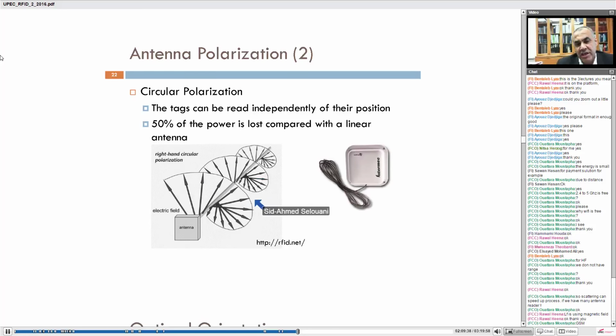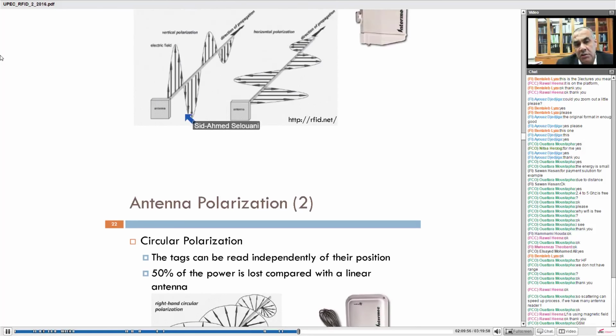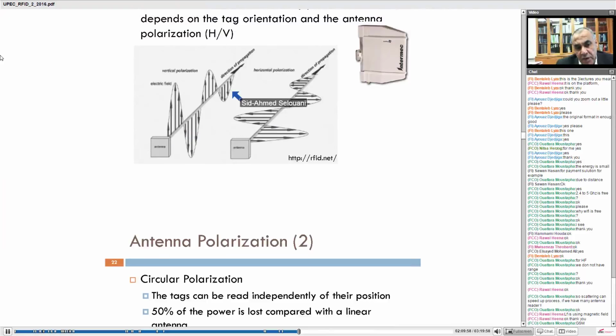Yes, I will give you an example. When you are using circular polarization, it doesn't matter where you put your tags. Your tags can be read because the position of the field is changing. So if you have your tag here or here or here, it doesn't matter.